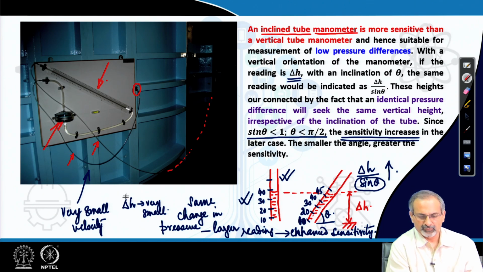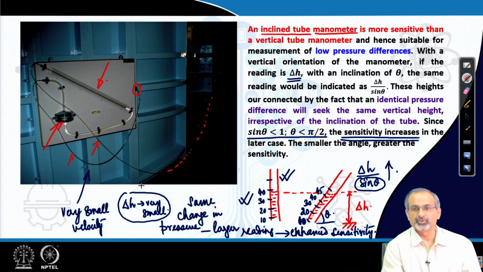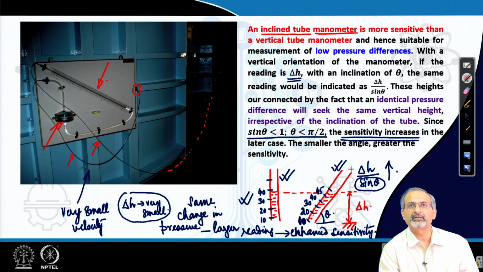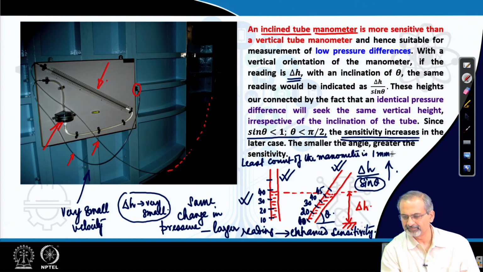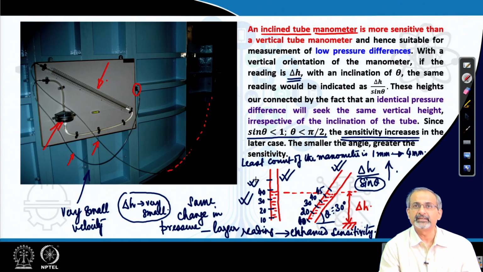In order to have good accuracy in the measurement, what should you do? You should immediately incline your manometer and try to take the reading. Let us say the least count of the manometer is 1 mm and you incline it at an angle of 30 degrees, theta equal to 30 degrees. If your reading was coming out to be 4 mm using the vertical orientation, now the same reading will be displayed as 8 mm.